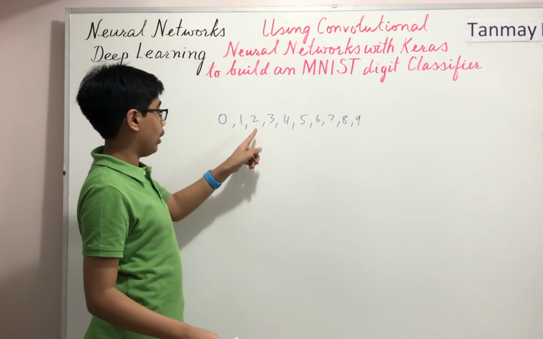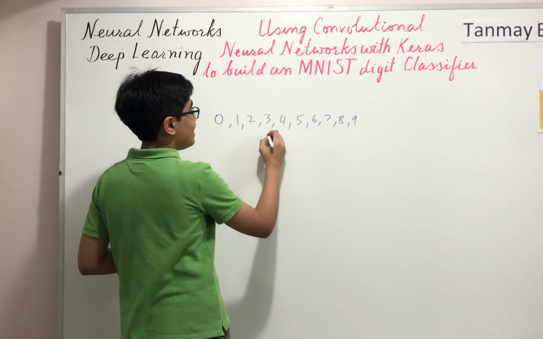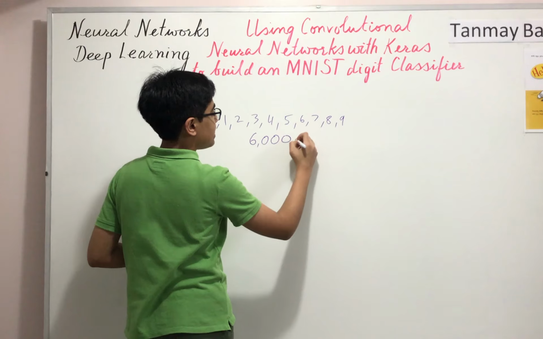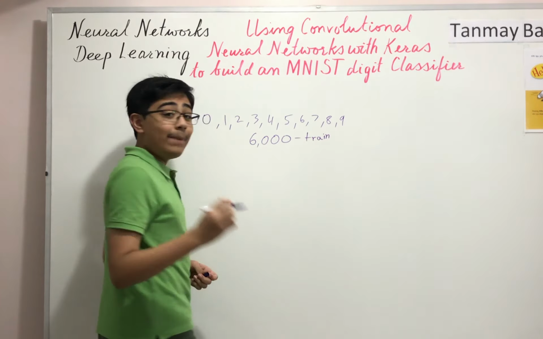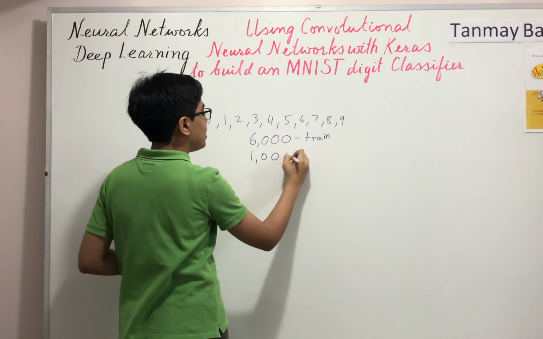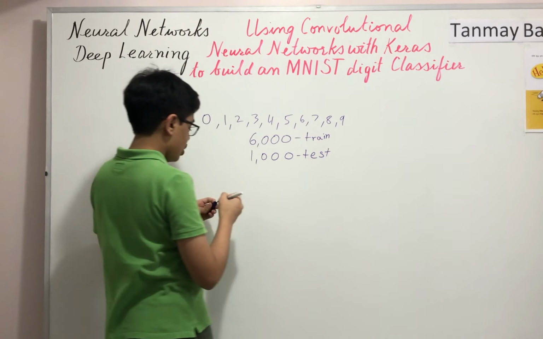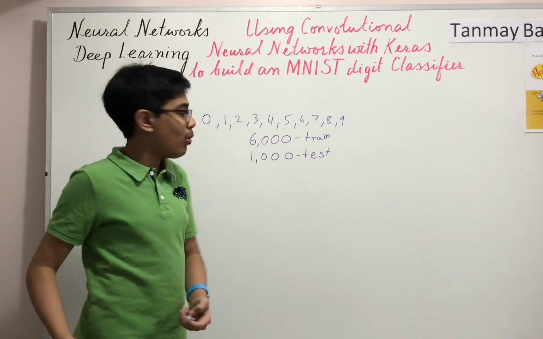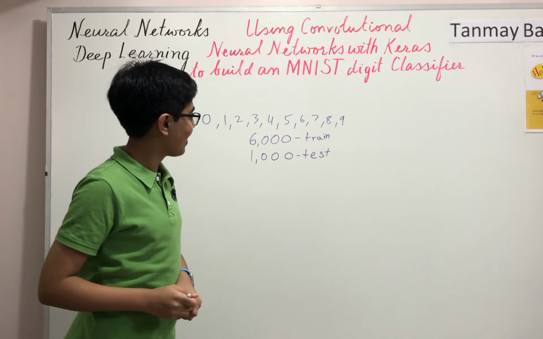Specifically, on average, we have handwritten images of 6,000 of each number. So we've got 6,000, and these will be for our training set. But for our test set, we've got an additional 1,000 images that we can then go ahead and test and validate with to ensure that our training is going nicely and get a good measure of accuracy without having accuracy on an overfitted neural network.